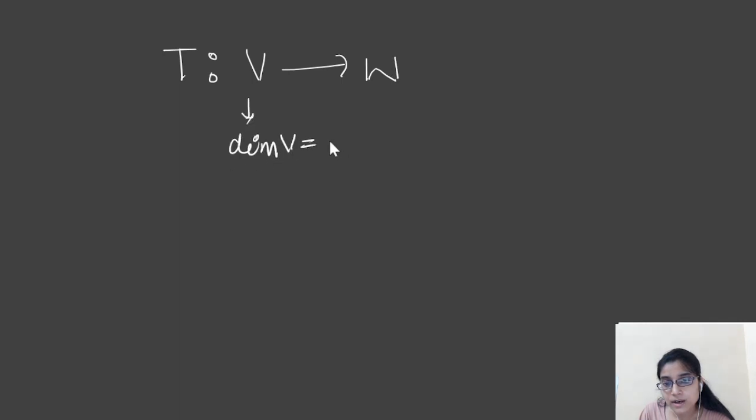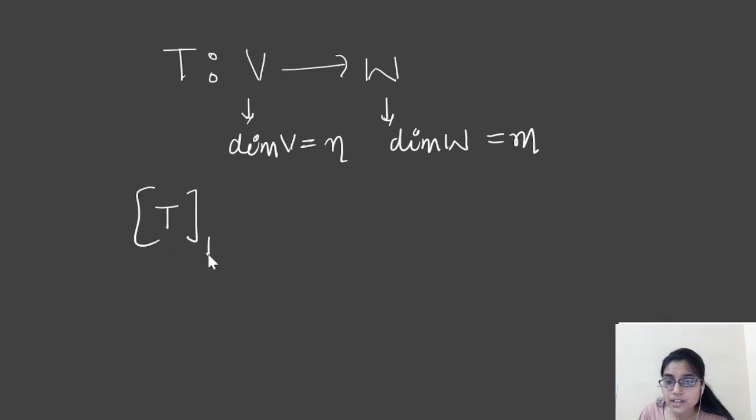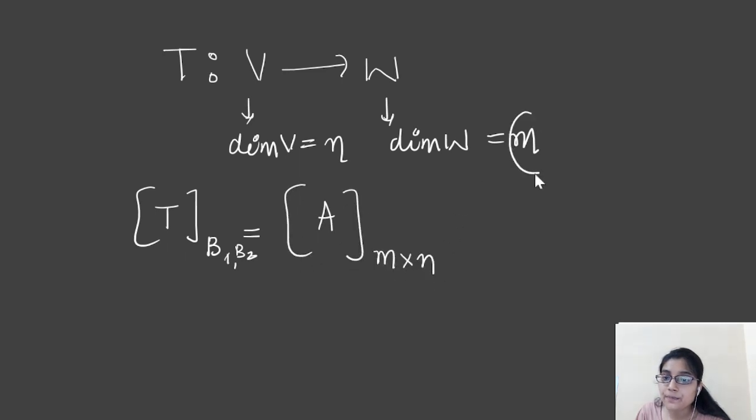If you are getting T from a vector space V to vector space W, where the dimension of V is n and the dimension of W is m, then whenever you are getting a matrix representation for this linear transformation T with respect to B1, B2, where B1 is the basis for V and B2 for W, this matrix is always going to be of order m cross n, where m is the dimension of W and n is the dimension of V, always from here to here, m to n.